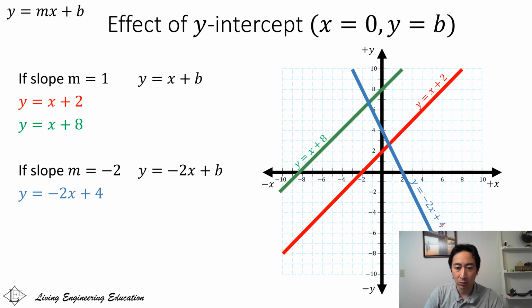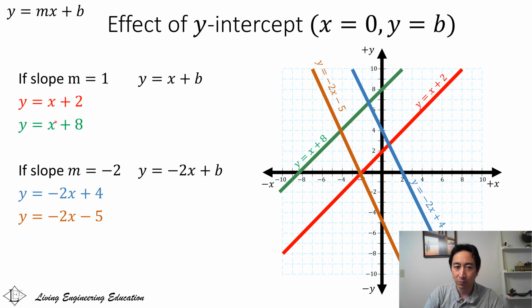So there's your y equals negative 2x plus 4. Let's graph one more line that's parallel to this one, so I'll choose a slope of negative 2 as well, and choose a different y-intercept, in this case negative 5, and there's my line.